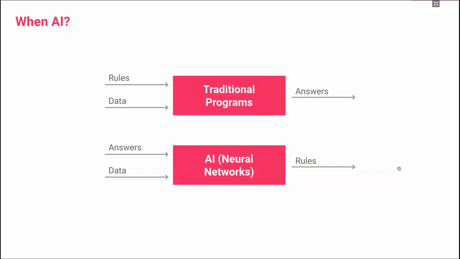AI is used in cases where the process is not clear. We don't know how a set of input values or input data leads to a certain set of output values or output data. We don't know the process. The process is a black box. However, we have a whole lot of examples. By examples, I mean through observation or empirical analysis, we have a whole list of input values and output values.